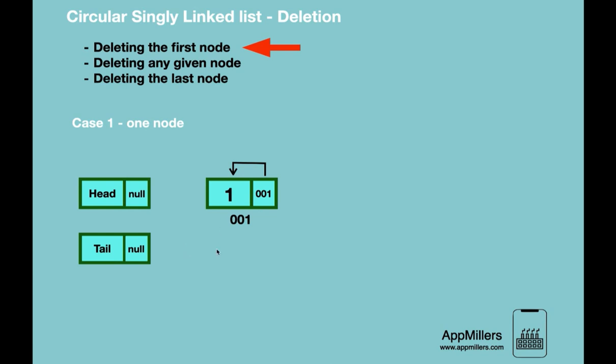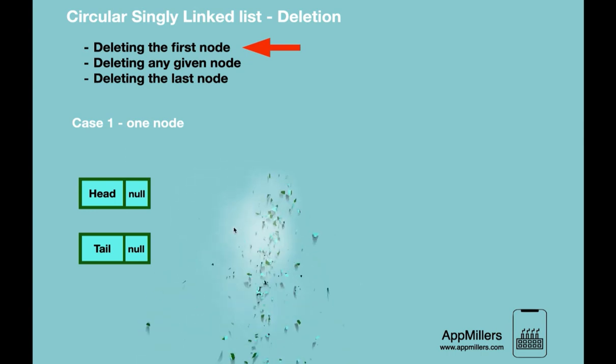Finally, we will update the next reference of this node. If we update the next reference of this node, it will delete the link with itself. After doing this the node is eligible for garbage collection. The garbage collector will come and destroy this node. With this, the first node from the circular single linked list gets deleted when we have one node in our circular linked list.